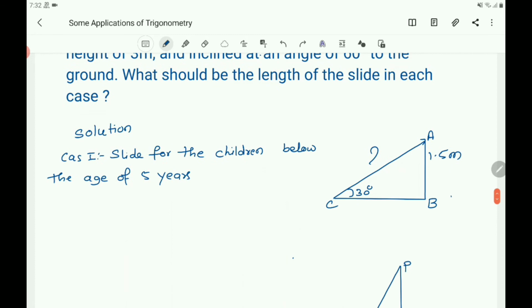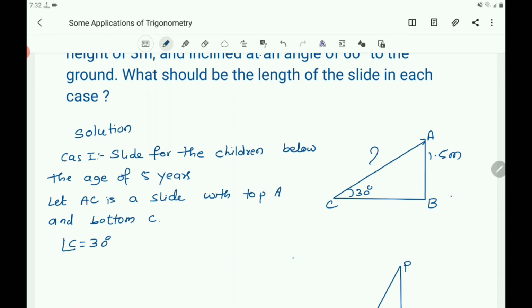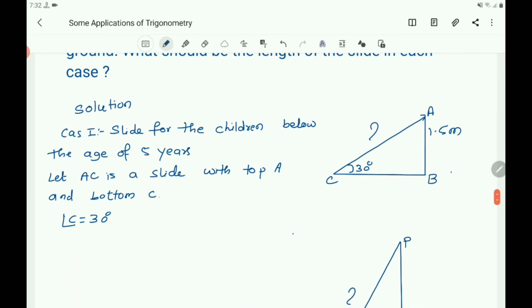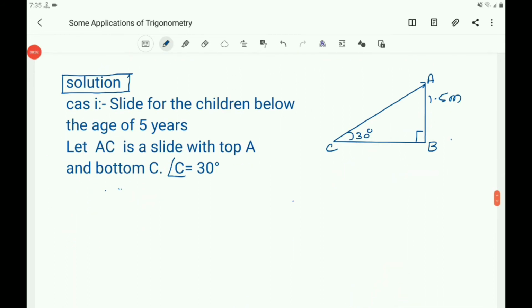So let AC be a slide with top A and bottom C. Angle C equals 30 degree. Now in triangle ABC, angle B equals 90 degree.